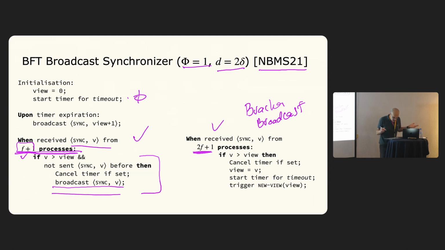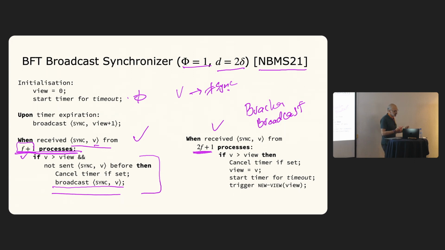No, it's not. There is no last. It's just a predicate, right? I have some hash table from views to the number of syncs that I received. This is one implementation that I have. When I get a message for view V, I just update this counter.